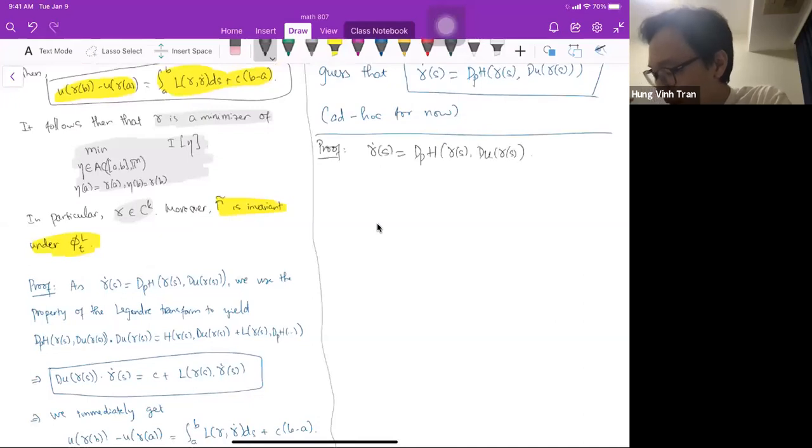So clearly we are using the inequality becomes equality in the Lagrangian form, right?